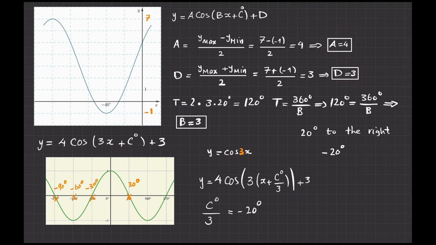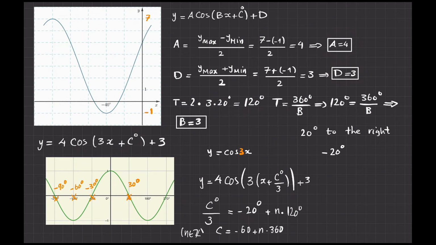Because if a function is periodic and I am adding any multiple of that period to the function, I will not change my function. Okay, so what do I do? I will write plus n times the period of the function, but as you see the period of the function was 120, so I would write 120 degrees. Now I multiply everything by 3 and I just take the degree sign away, so c becomes minus 60 plus n times 360. Okay, and then n belongs to Z, of course.